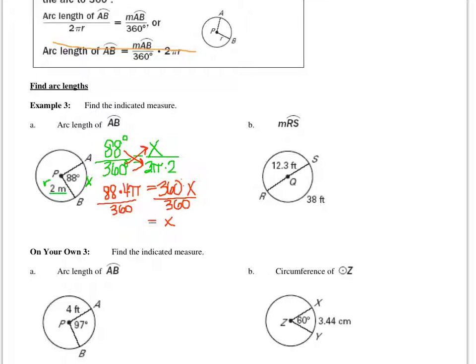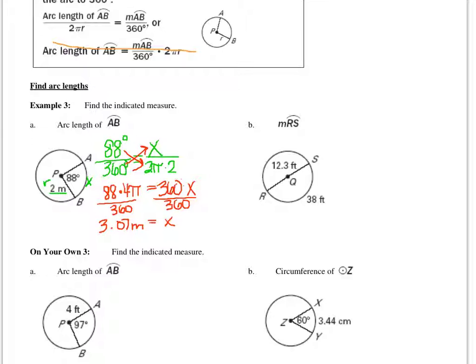So x equals, now sometimes we want to get the exact value. Sometimes we want to keep our pi in there, and other times we'll just simplify it. I'll just simplify this whole problem right now. If you put 88 times 4 pi, hit equals, and then divide it by 360, you'll find your answer is 3.07, and then my units would be meters.